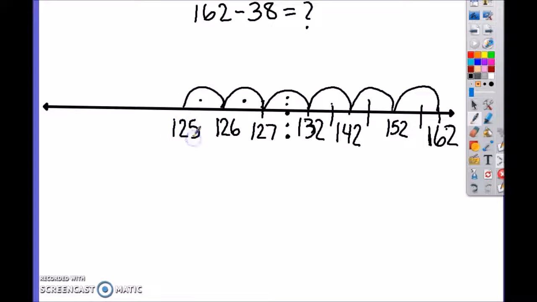And lastly, we still have to count back another one to land on the number 124. Let's count back again from 162 to 152, 142, 132, to 127, 126, 125, and then finally at 124.